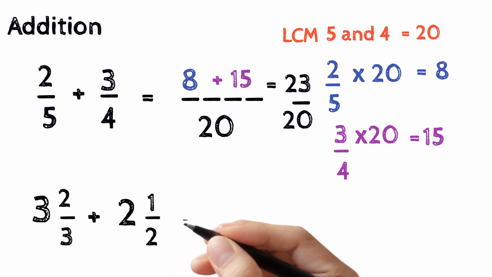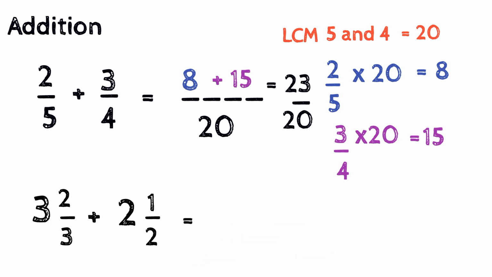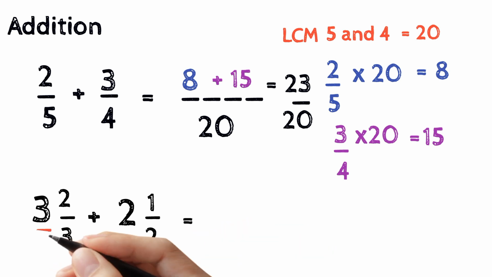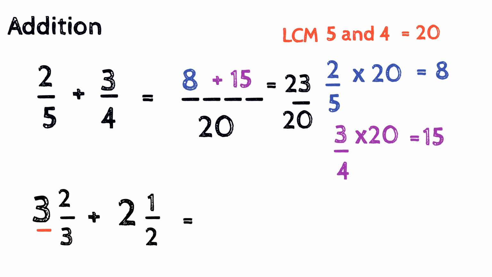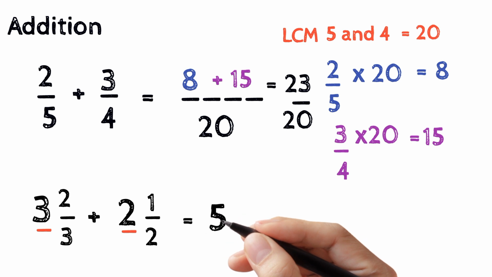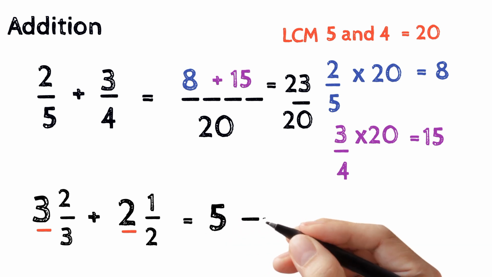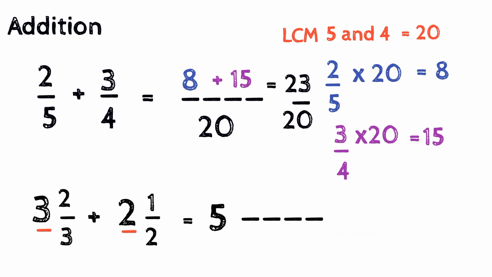So this is equal to, first of all, here we start with the whole numbers. This 3, then plus 2, which is equal to 5. So we write 5, then put the line to separate the numerator and denominator.